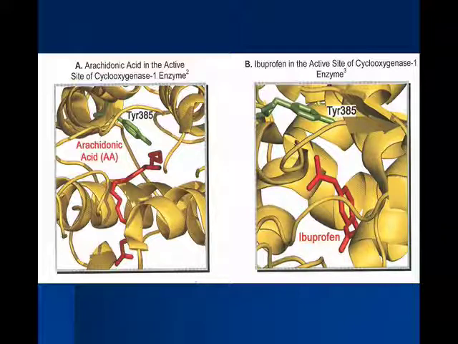Decreased. And if it's the prostaglandin synthesis that's responsible for your aches, pains, fever, and other things, then what happens to your symptoms? They go away, right? And so that's how ibuprofen works. It blocks the active site of cyclooxygenase 1, keeps the arachidonic acid from getting in there and doing the chemistry that it's known to do.